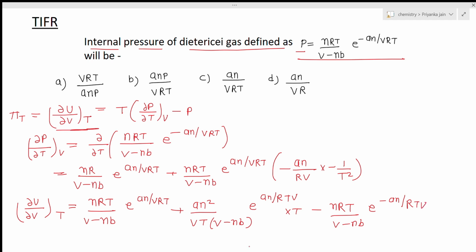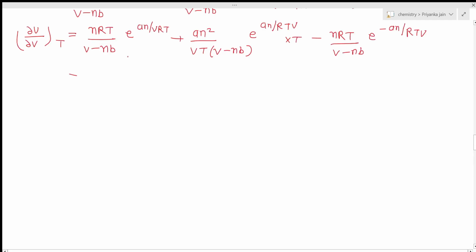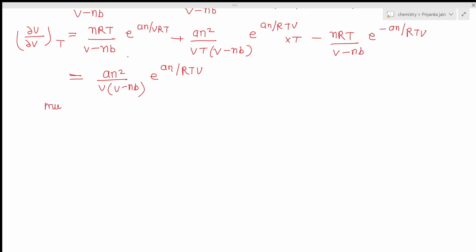Okay, so by this, what are you getting? This will be equal to a n square upon V minus nb e to power minus a n upon R T V. Now you will have to multiply and divide by V minus nb upon nRT.